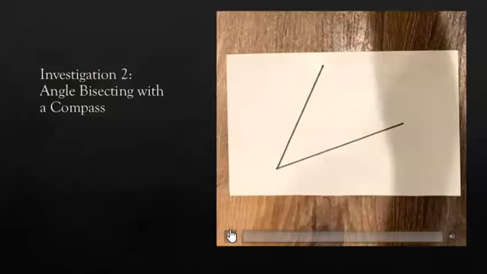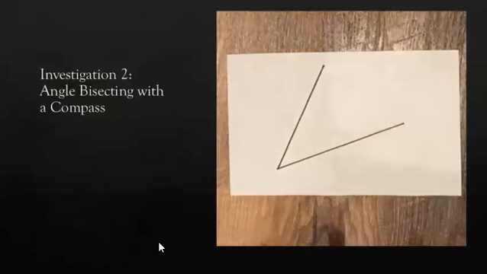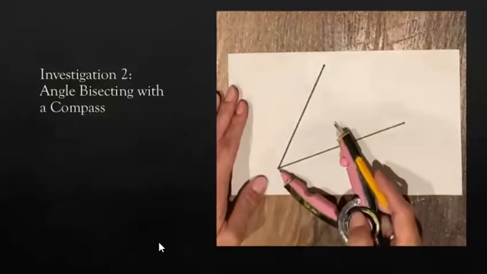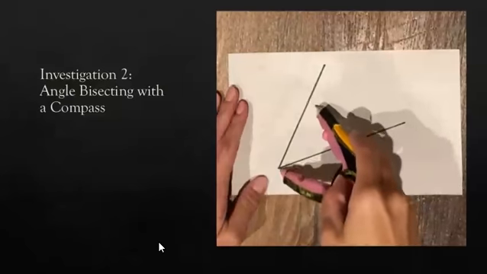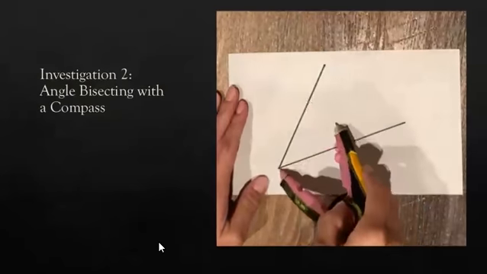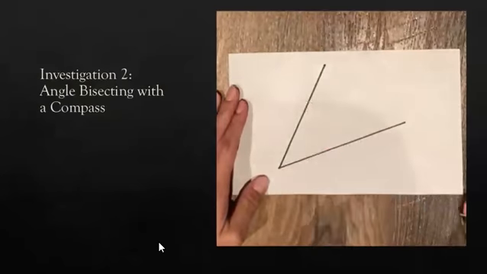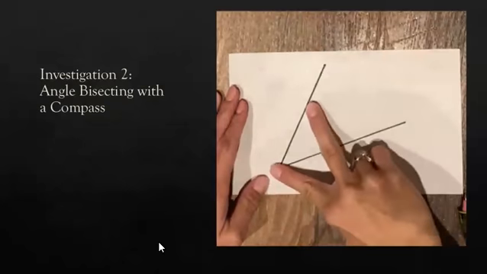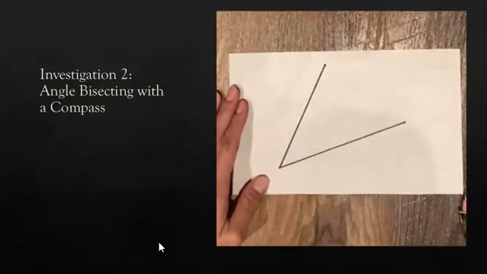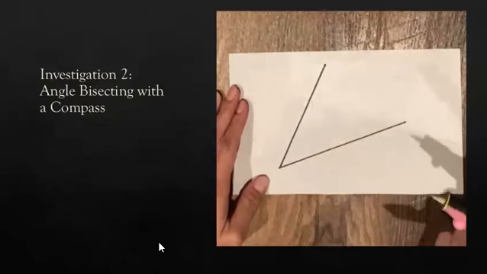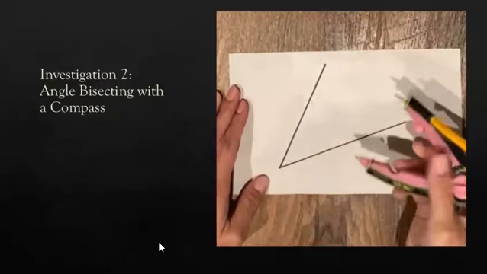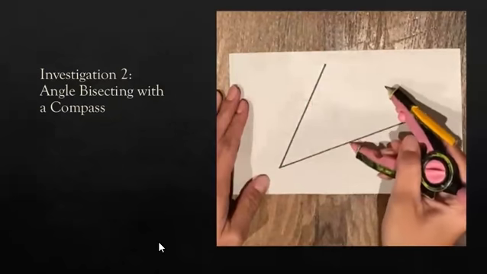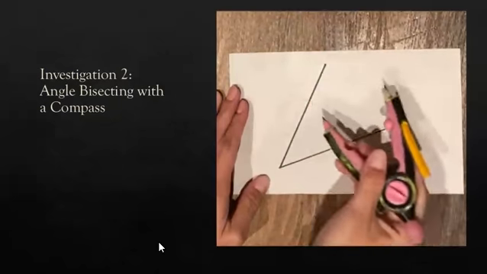So here is how I did it. I have this angle, and I used my compass to just draw an arc across the angle. That means that where the arc intersects the sides is the same distance. Now I'm going to start on that new distance point, and I'm just going to draw another arc further up in the angle.